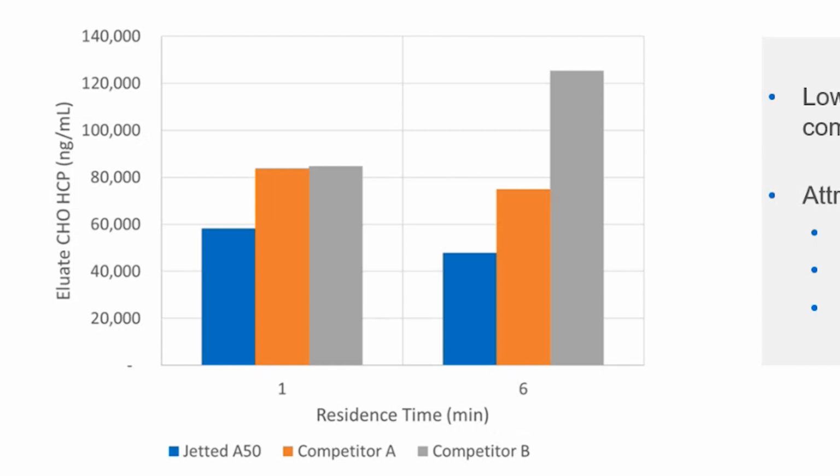So at a 1 minute residence time, you can see that the concentration of HCP is around 70% of the competitor resins. And at a 6 minute residence time, you can see that the concentration of HCP is somewhere between 40 and 60% of the competitor resins, depending on which one is used.